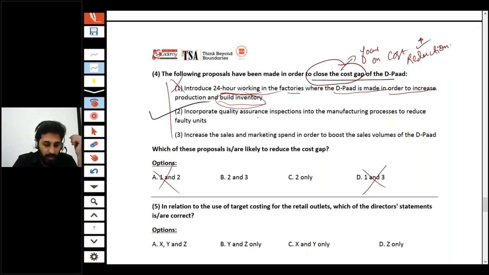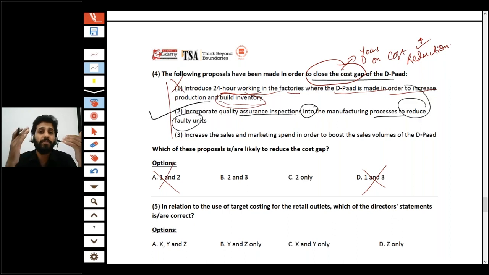Incorporate quality assurance inspections into the manufacturing process to reduce faulty units. You are introducing quality inspection to reduce the faulty units, and if the faulty units are reduced, you are saving cost. So that is basically the cost saving.